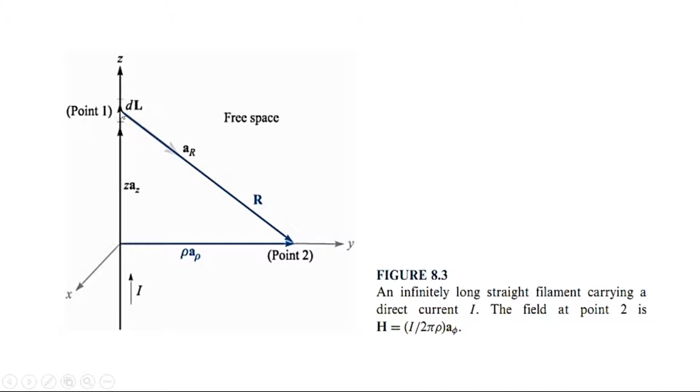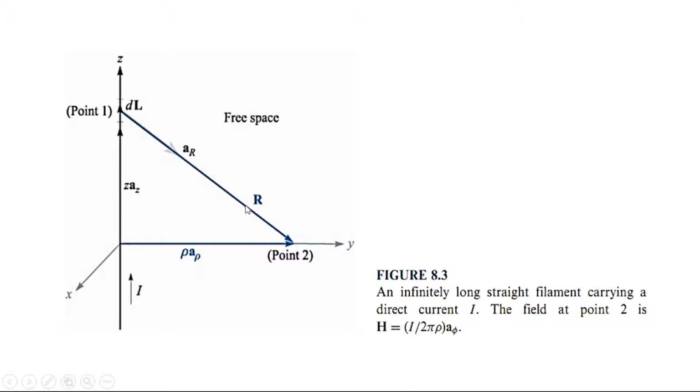And this is the source point, and its vector is R dash, so R dash will be equal to z dash a z. And the field point vector R will be equal to rho a rho, if we consider the cylindrical coordinate system.